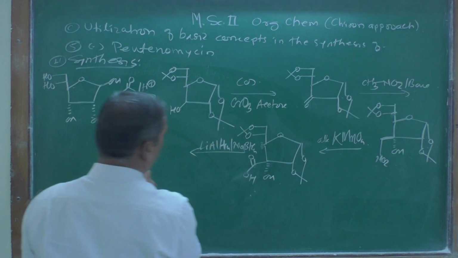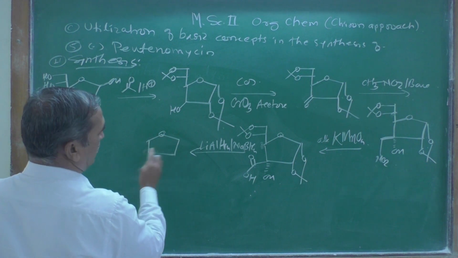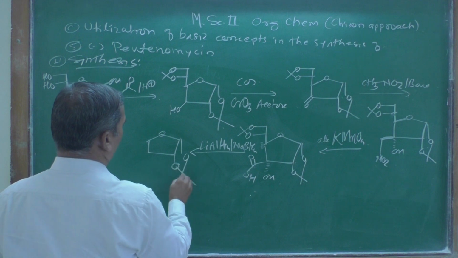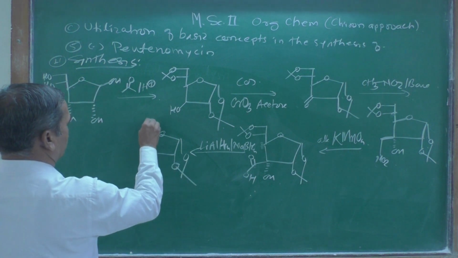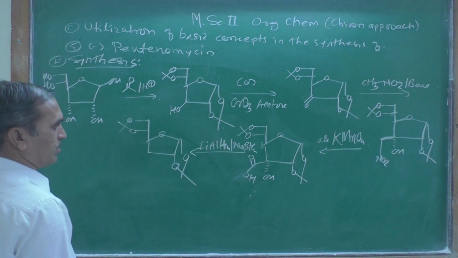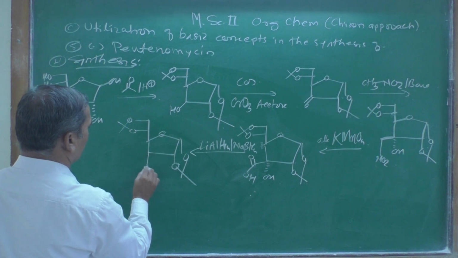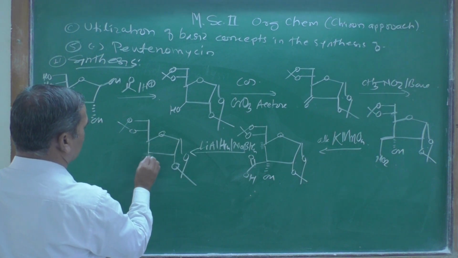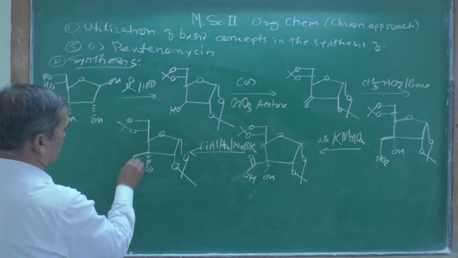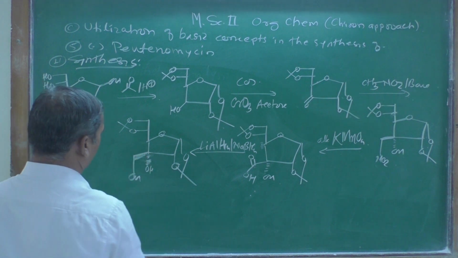It gets reduced into an alcohol, so you are going to get the product over here, O, this O. Now this hydroxy group also remains as it is, double bond, dotted line OH, and now this becomes OH. This is above the plane, right?